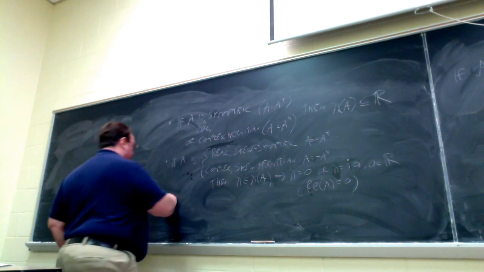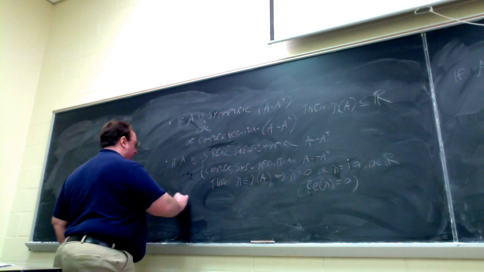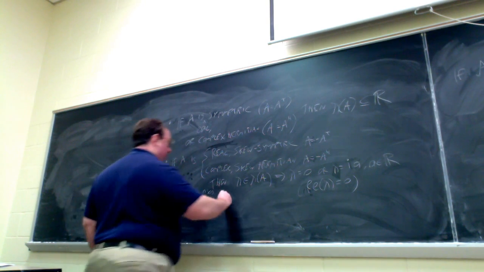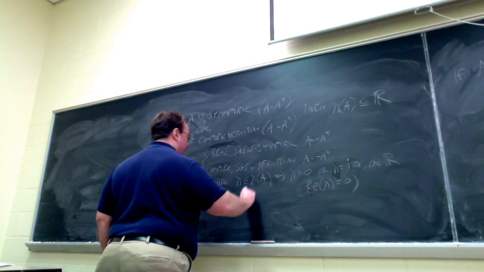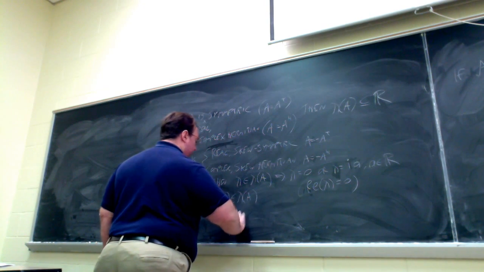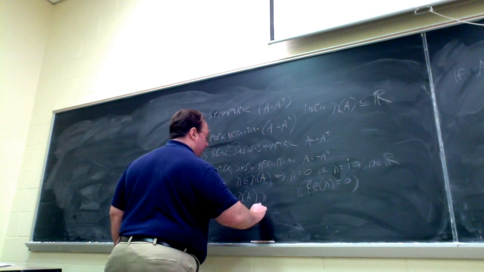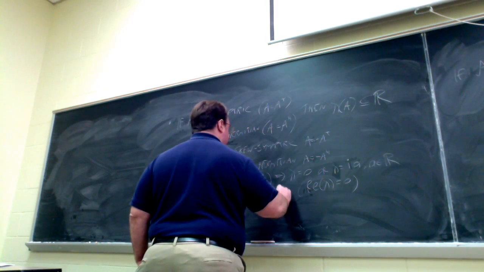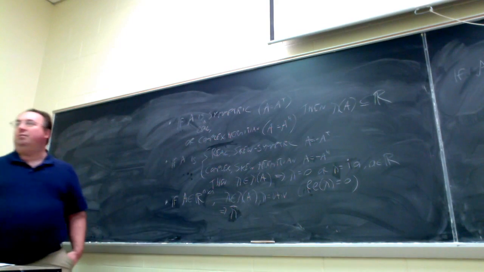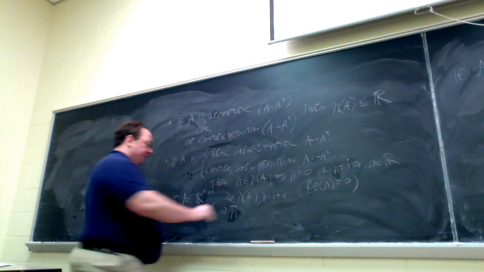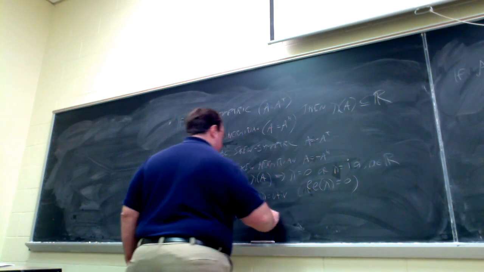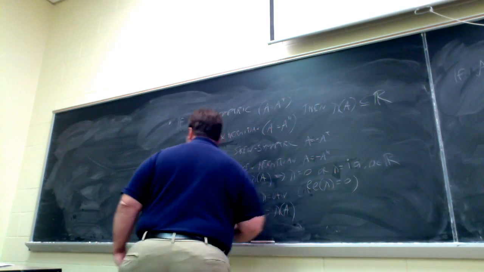Next, if A is a real matrix and lambda is an eigenvalue of A, and I'll make it a complex number, u plus iv, then lambda conjugate, so the bar refers to complex conjugate, which is u minus iv, is also an eigenvalue.